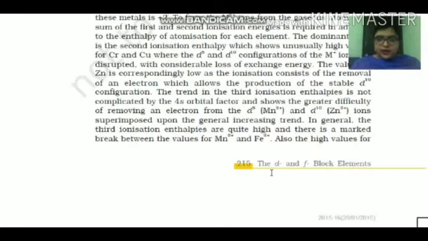See children, here when we see the third ionization enthalpy, the trend in third ionization enthalpy is not complicated by the 4s orbital factor, and it shows the greater difficulty of removing an electron from d5.